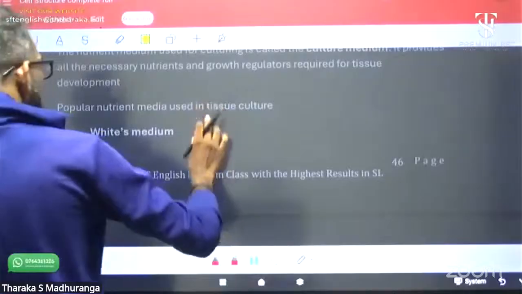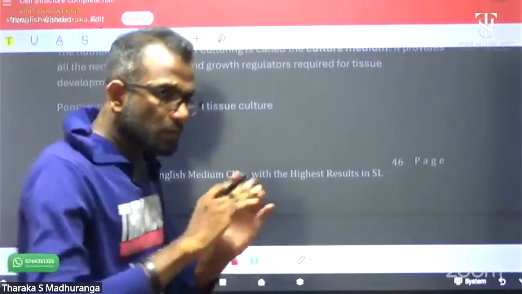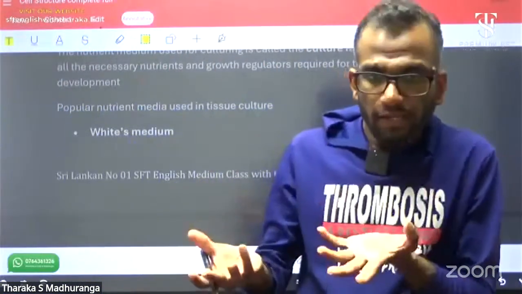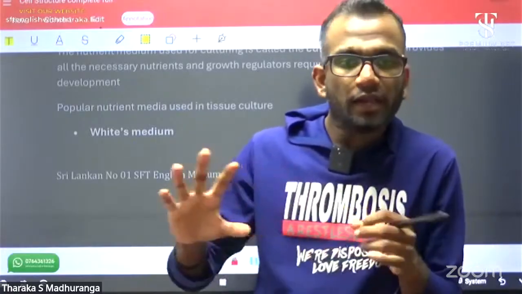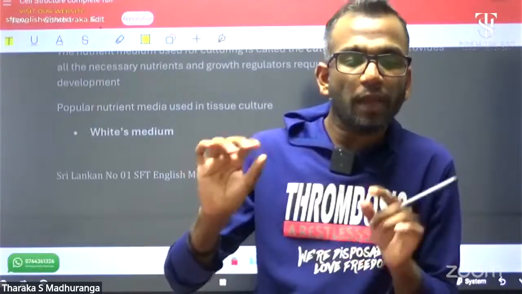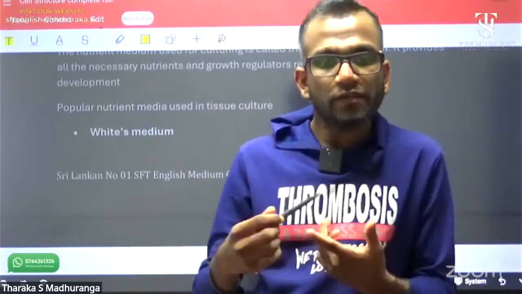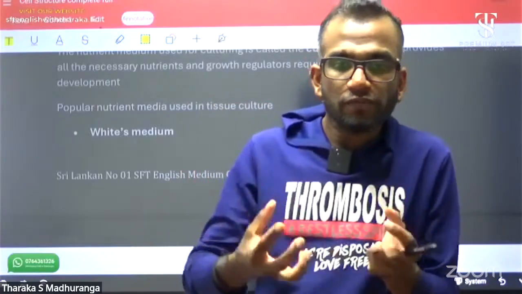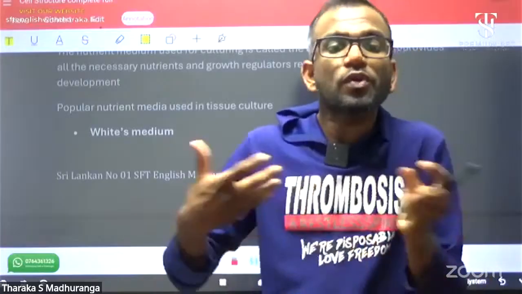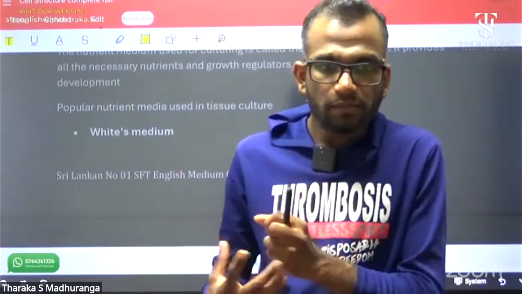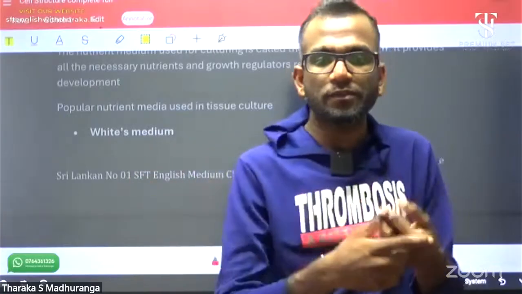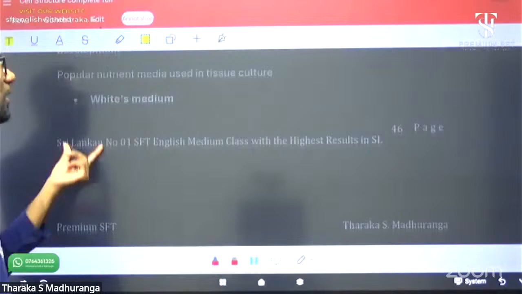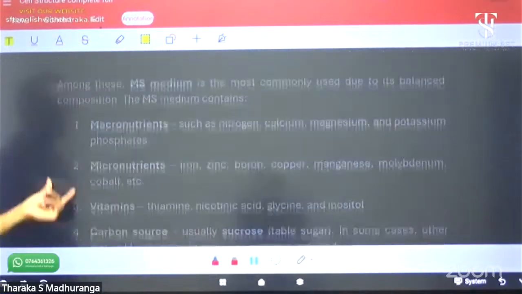After that, the media also needs to be sterile. We must remove microorganisms, because if any microorganism attacks the media, that is also a problem. So we put the media in the autoclave, heated like an oven. In the heating process the microorganisms will be broken down.